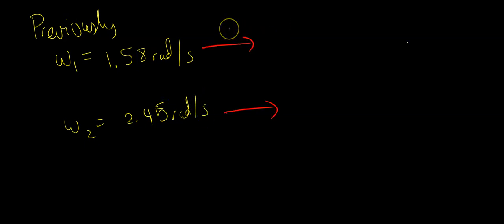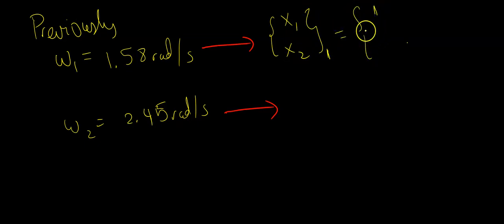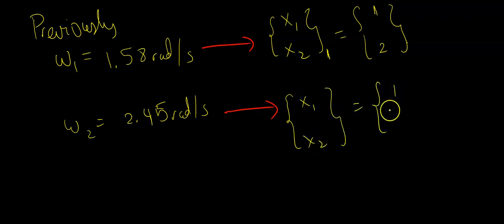And the mode shape for omega 1 was [x1, x2] equal to, when x1 was 1, then x2 was 2 times x1. And for the second natural frequency, if x1 was 1, then x2 was actually going to be negative 5 times x1. And that was the first and second mode shape.